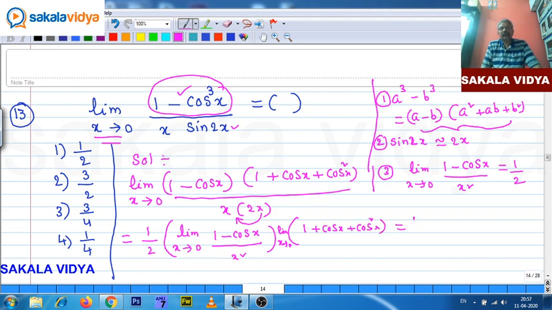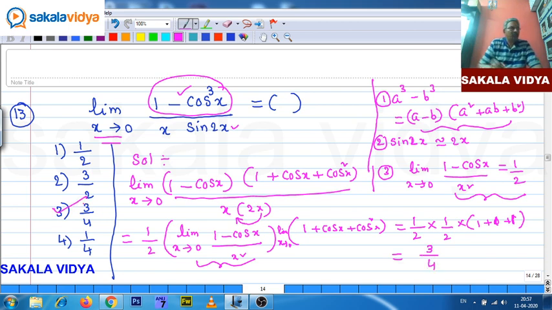This equals half into, using this concept, this value will be 1 by 2, into 1 plus cos 0 is 1, cos square 0 is also 1. So this will be 3 by 4. So the third option, option 3. Am I correct?